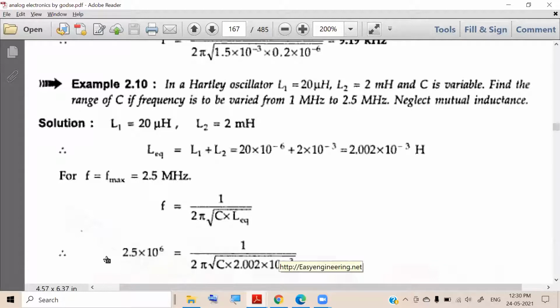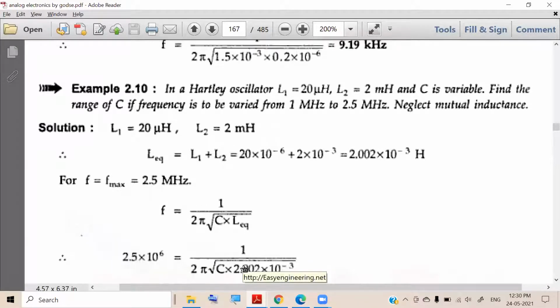So 6.25 into 10 power 12 is equal to 1 by 4 pi square into C into 2.02 into 10 power minus 3, because the square will cancel. So cross multiply C to the other side, and this 6.25 into 10 power 12 to the other side. That's it. Simplify, use a calculator. C value, how much are you getting? Please answer. Fast, please.